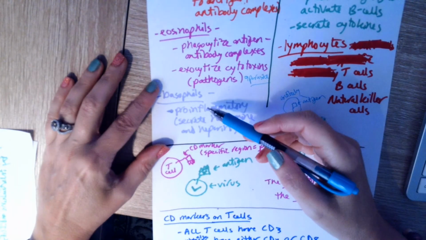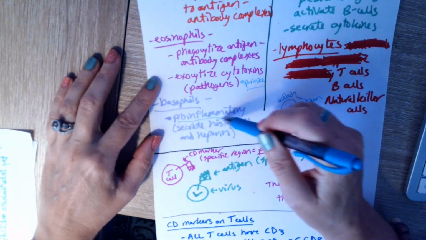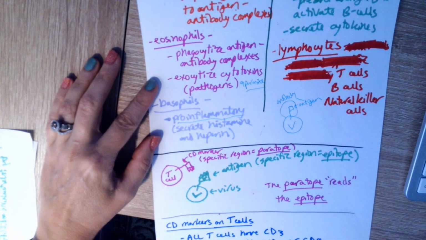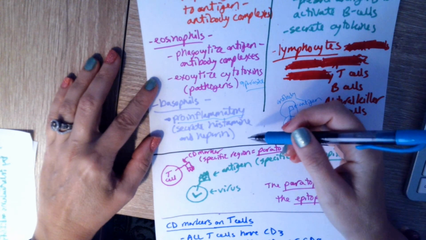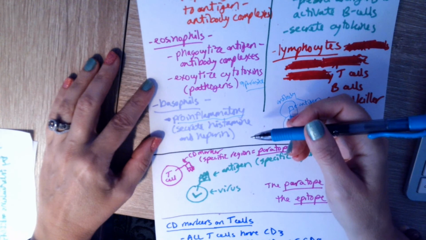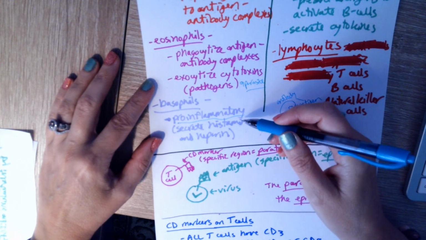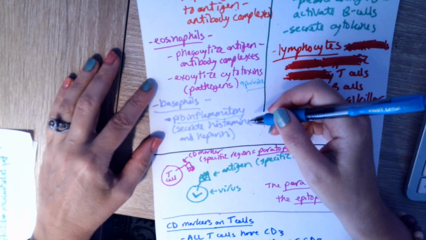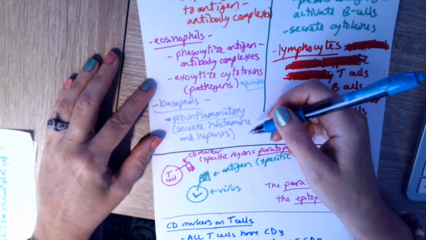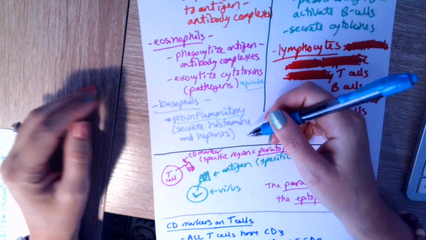Basophils, in addition to being phagocytes, are the cause of inflammation, or they help stimulate more inflammation. And inflammation is not necessarily a bad thing. If you have too much inflammation, it's a bad thing, but you do want some inflammation as part of your immune response. What it essentially does is increase blood flow to an area so that you can bring more white blood cells to that area.